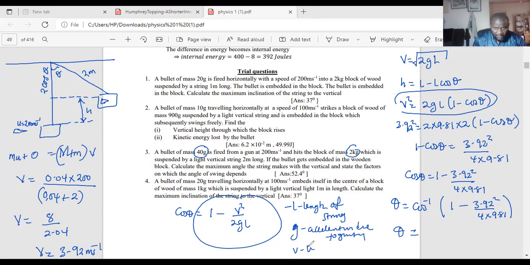Then 3, velocity after collision of the bullet with the block. So those are the main dependents of the angle of swing.